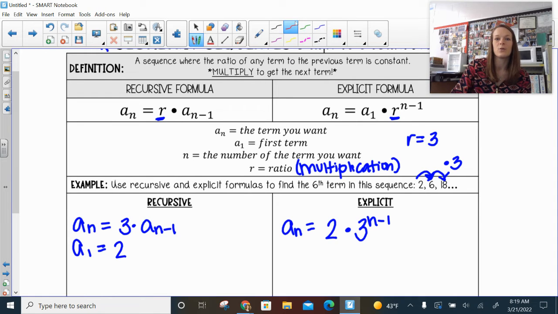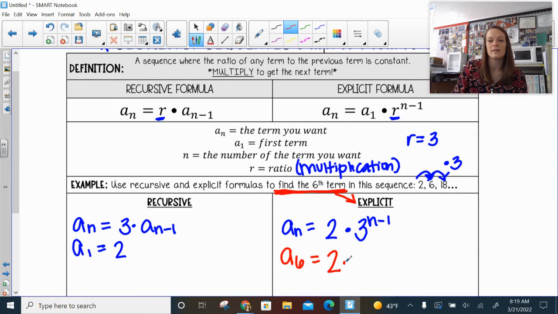And then if you wanted to continue further and find a specific term, so again, to find a specific term, you will always use the explicit formula. And just like in the last one, n is the number of the term you want. So if I want the 6th term, that will be a_6, and then I'm going to plug in 6 for n.